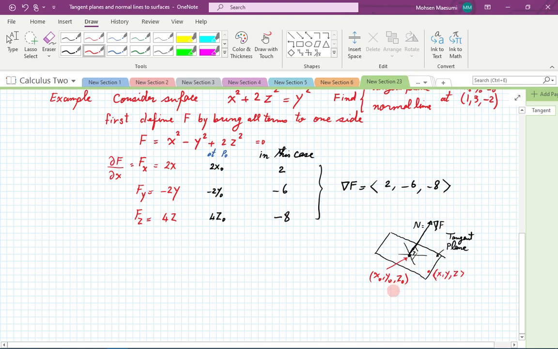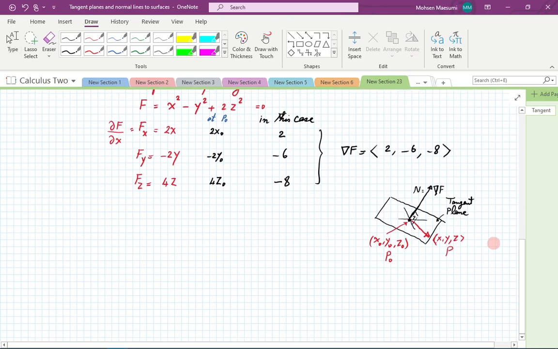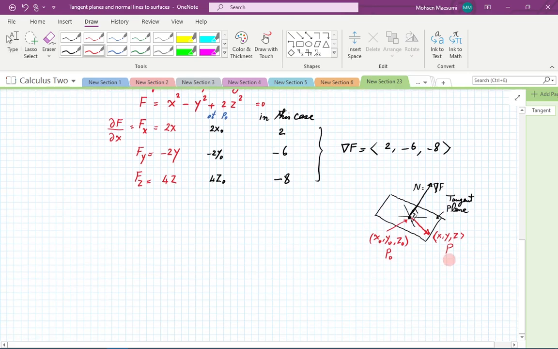So this is my point P0. This is some arbitrary point on that plane. Let's call it P. So if I draw a vector from P0 to P, how is that going to sit with respect to N? Well, they are obviously perpendicular to each other.